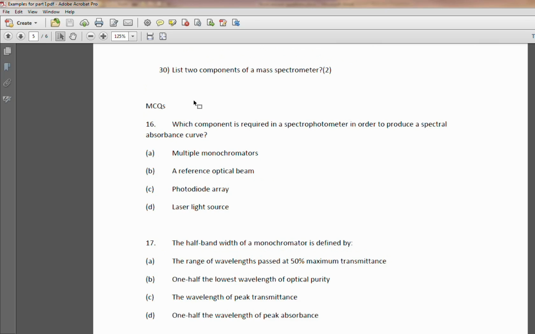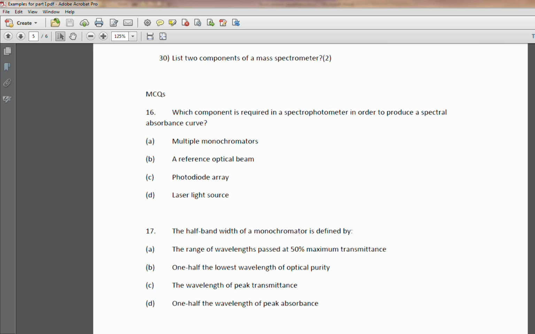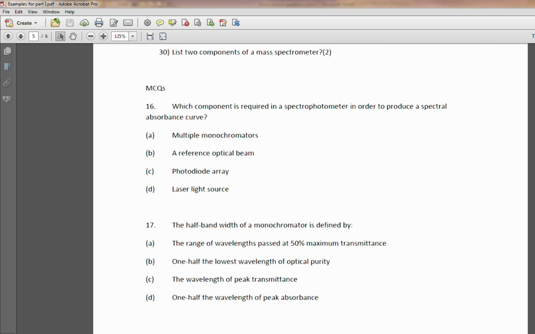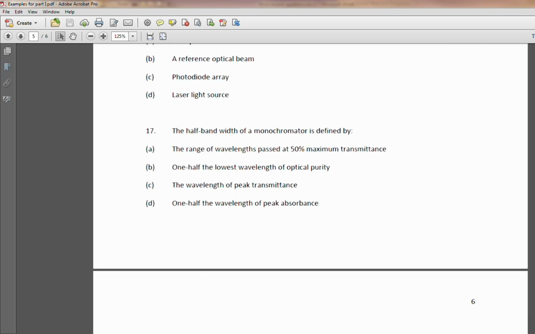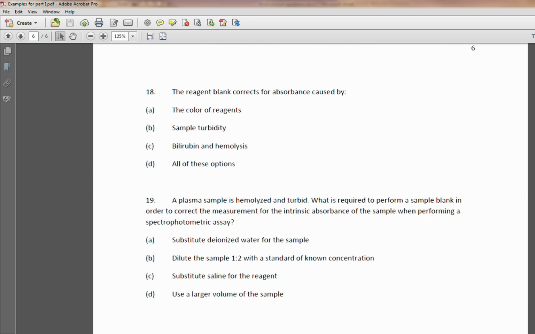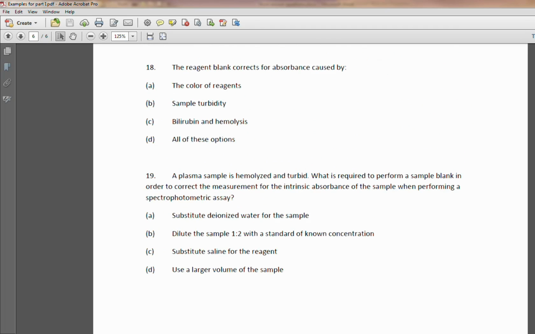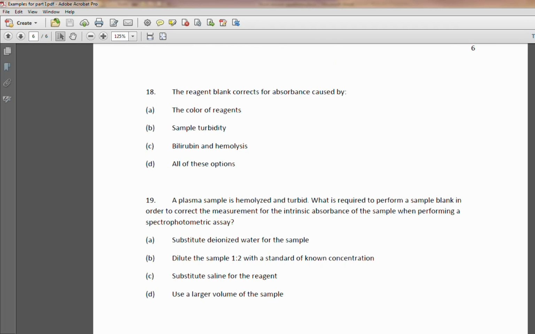Then the classical MCQ, which can also appear, the single option answer, or if more than 1 option is required, then the question would usually tell you that. There's no negative marking being employed in any of the MCQs. So that's something to bear in mind.